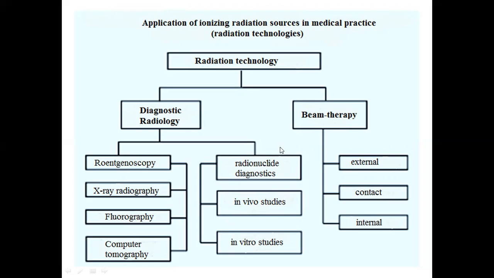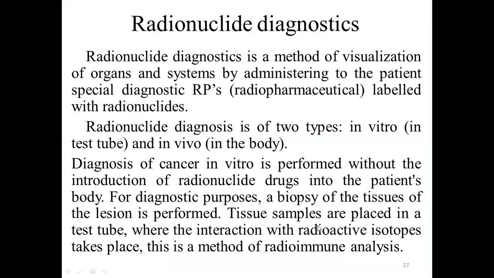And as for therapy, we have beam therapy, which divides into three classes: external, contact, and internal. Radionuclide diagnostics represent methods of visualization of organs and systems by administering to the patient special diagnostic radiopharmaceutical preparations labeled with radionuclides.